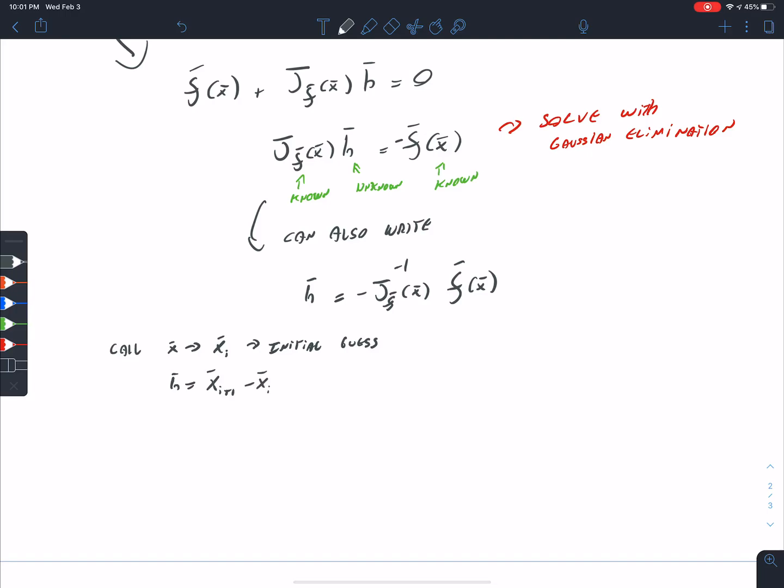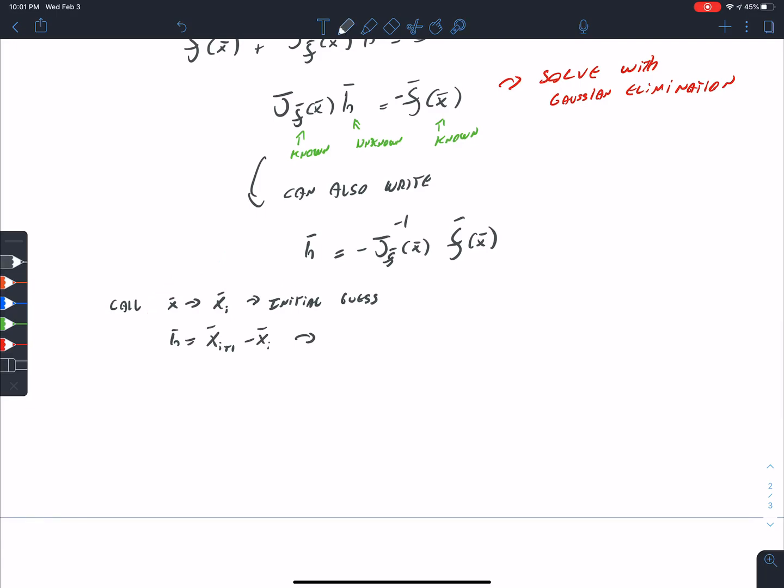All of these are vectors, by the way. Once again, we can rearrange this. It's the same thing. So we're going to take this and plug it in over here in our equation. x is our initial guess, so we're going to write that x_{i+1} minus x_i equals minus the inverse of the Jacobian f of x at x_i times the vector f at x_i.